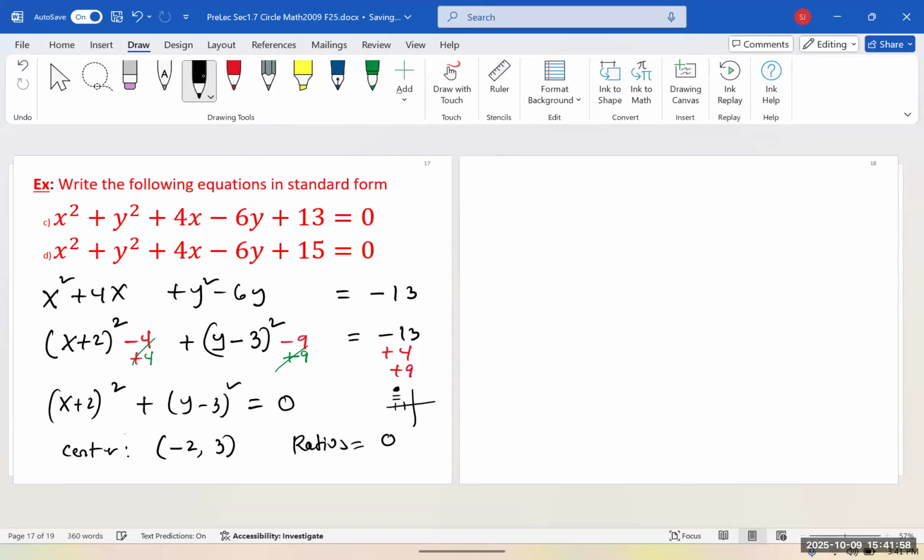The next one, we have x squared plus 4x plus y squared minus 6y, and we are subtracting 15. Amir. So what do you write inside?